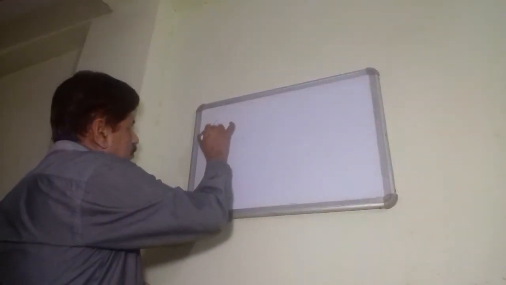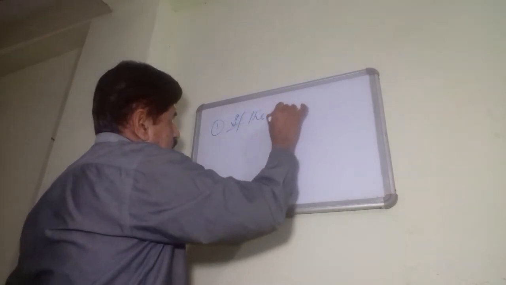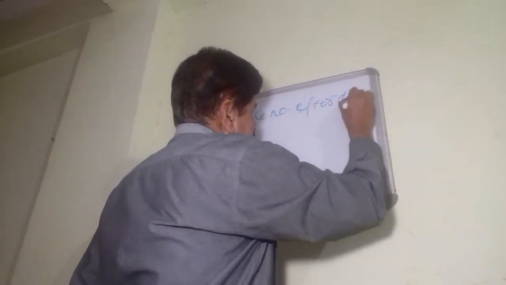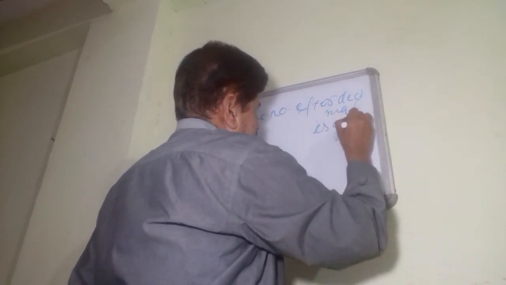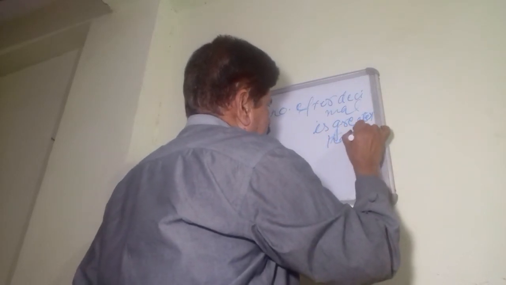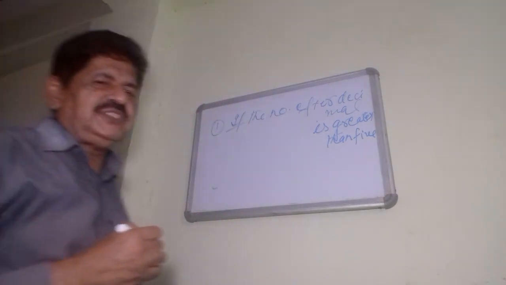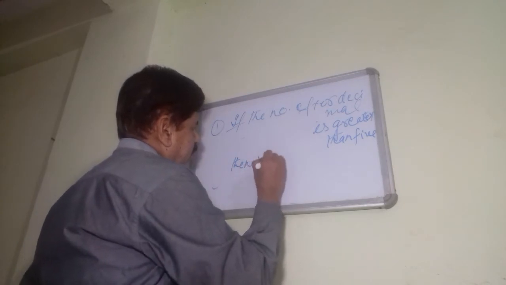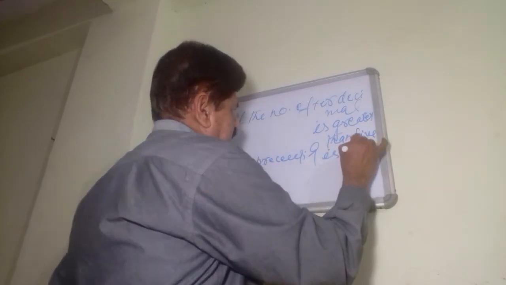First rule, if the number after the decimal is greater than 5, then the preceding number is raised by 1.